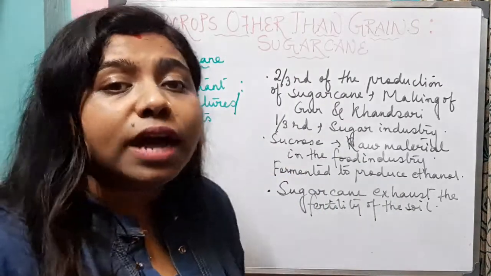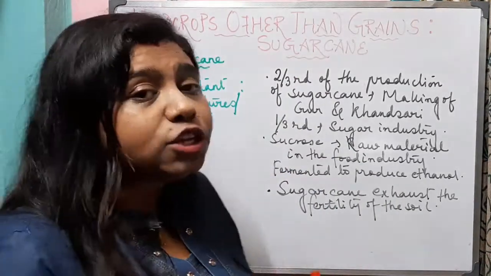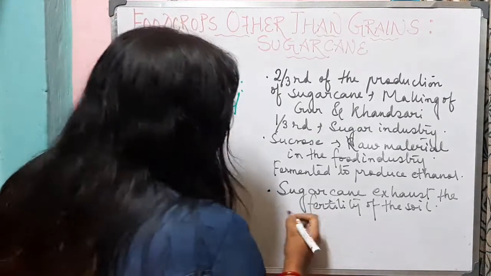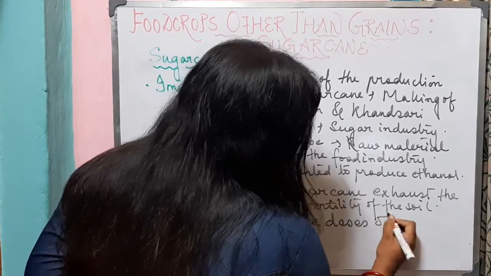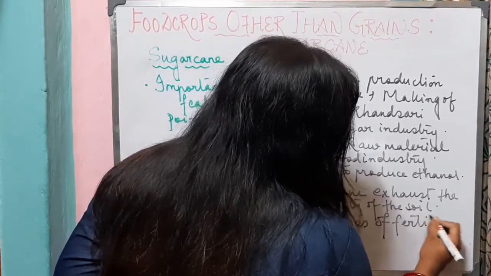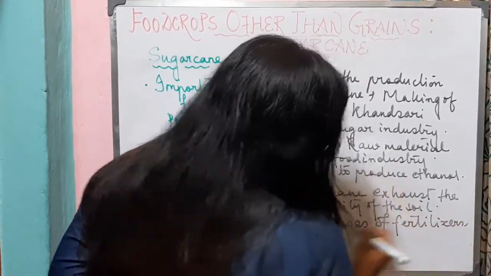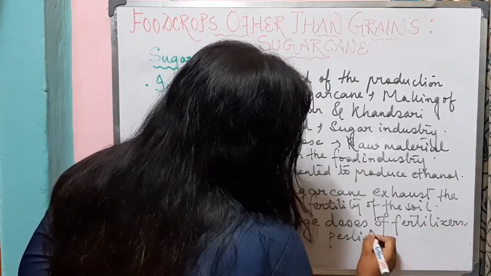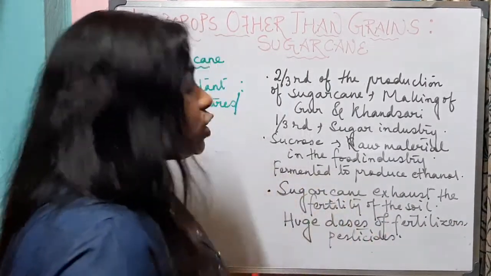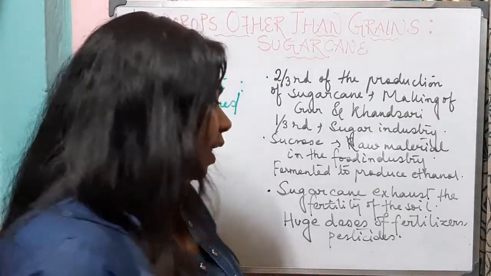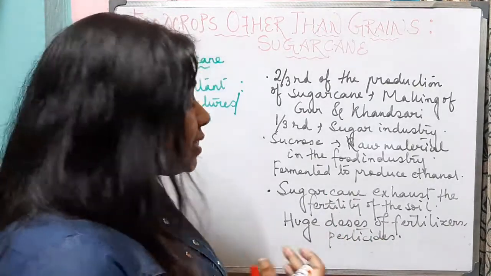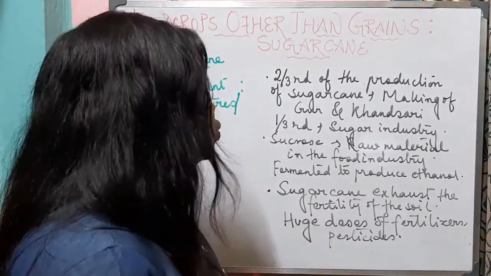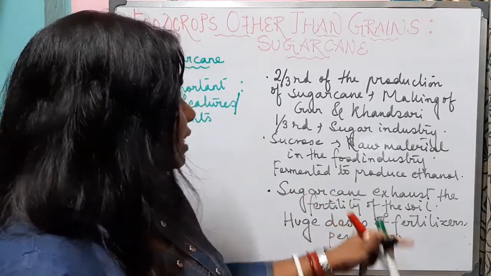So, if we need to do the cultivation of sugarcane, we need huge doses of fertilizers, pesticides, so that we can cultivate sugarcane. As sugarcane exhausts the fertility of the soil so quickly and so extensively, it is very important to use high doses of fertilizers, pesticides to cultivate sugarcane.